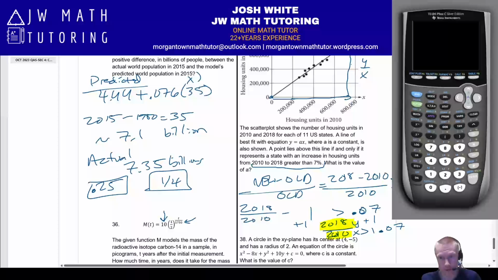So what this basically means is, if you're above this line, then your slope value, your m value, is greater than 1.07, because the 2018 housing value, your y coordinate, divided by the 2010 housing value, your x coordinate, is just your slope. For any point, the y over the x, because it goes through 0, 0, is your slope. That's why the answer to this question for A, the slope, is 1.07. So that's what you would grid in.